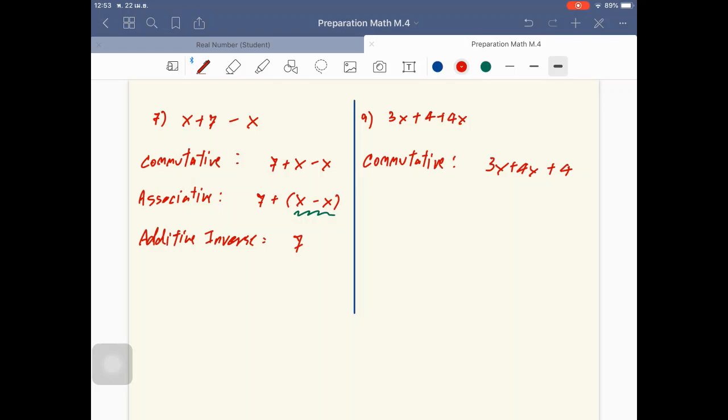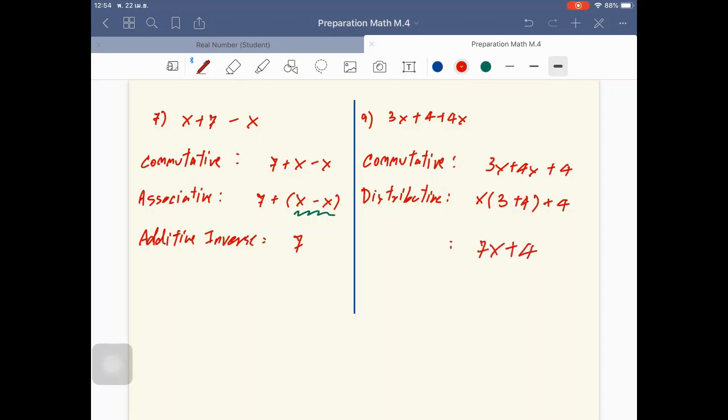And then you do distributive. But the difference is you do not expand into the bracket, but you take a common factor out of the bracket. You get x out of here. Okay, and then last one, you just simplify. So the answer will be 7x plus 4.